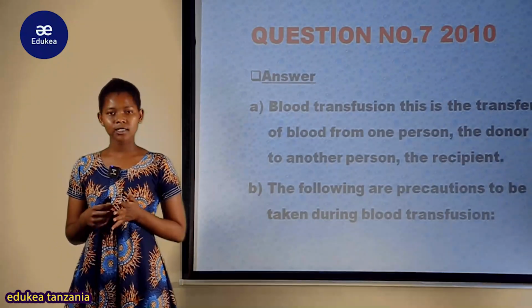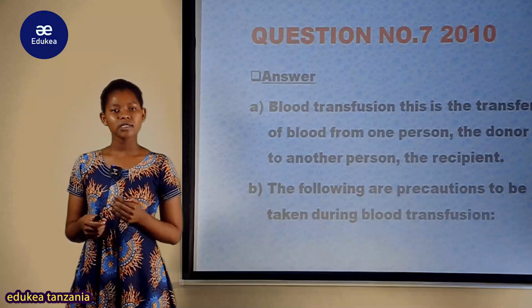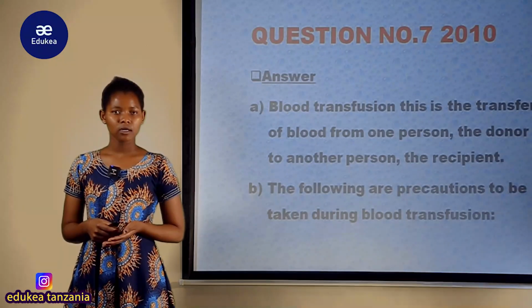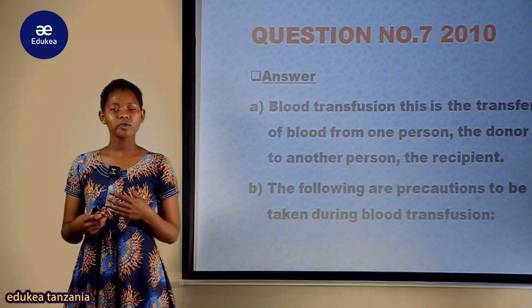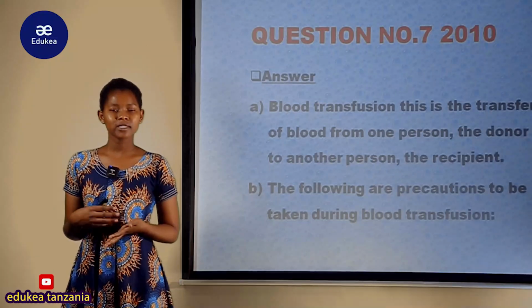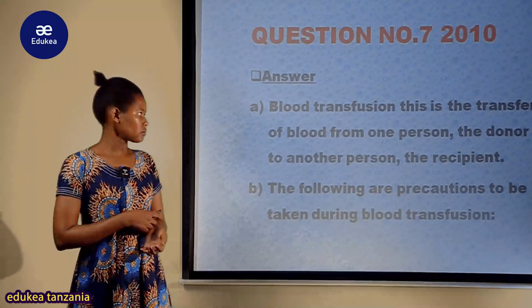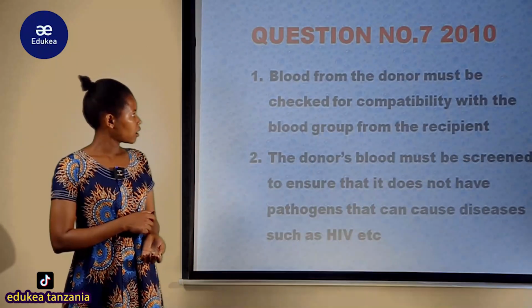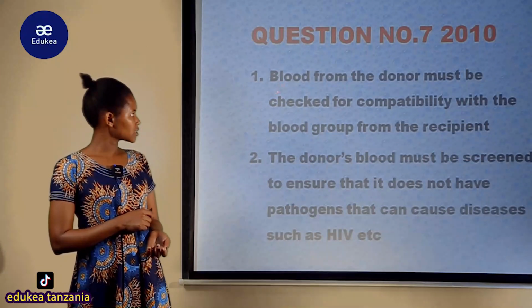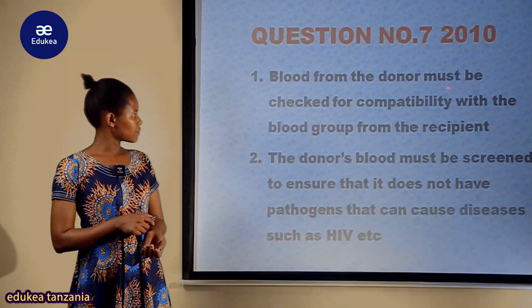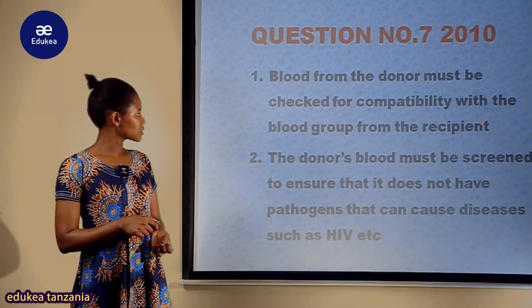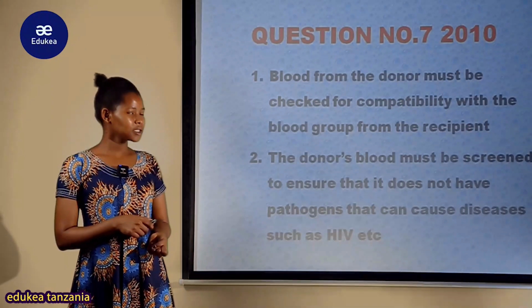Kipindi blood transfusion ina take place, kuna precautions ambazo zinabidi zichukuliwe ili kuepusha athari za kuja kuafektiwa na magonjwa ambayo pengine recipient hakuwa nayo. The first one is to ensure that blood from the donor must be checked for compatibility with the blood group from the recipient.